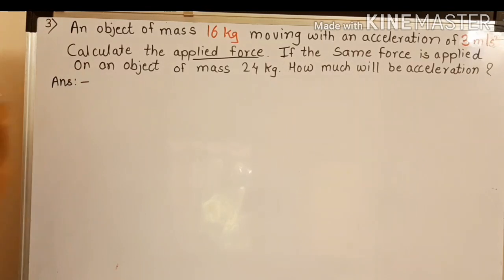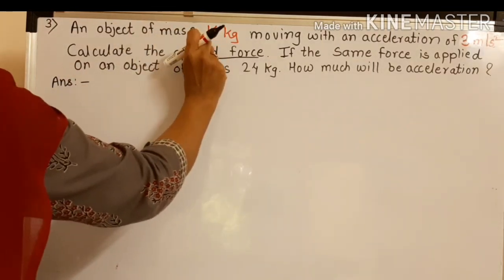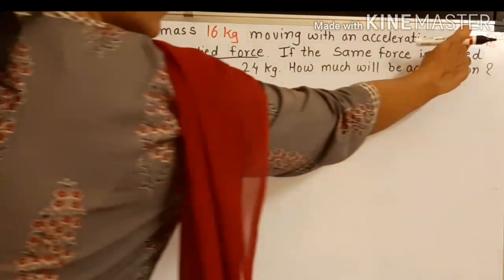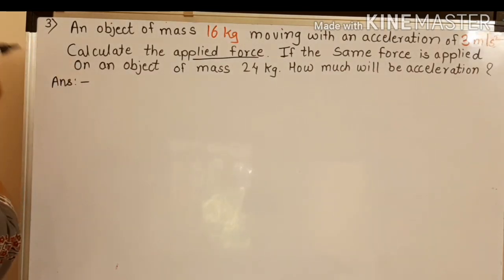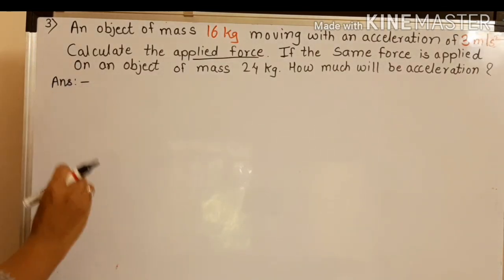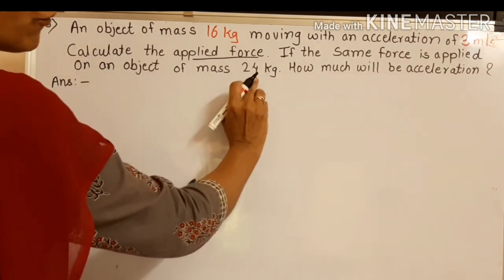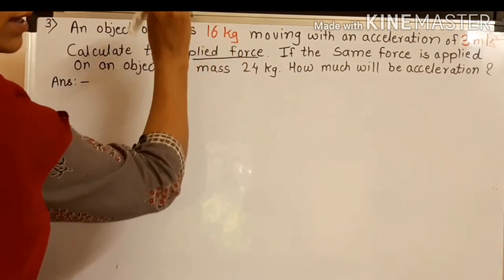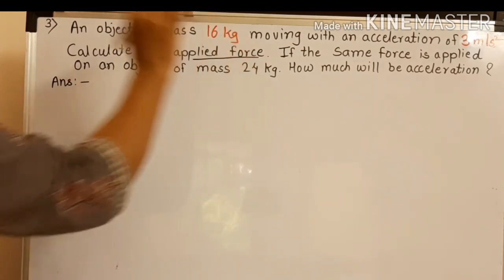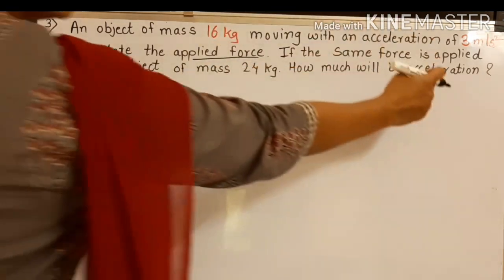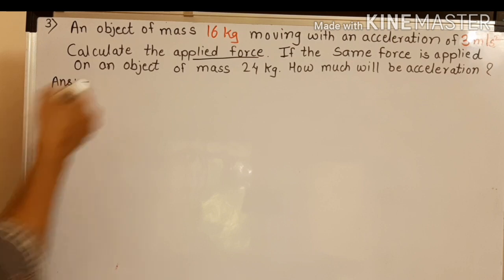First we calculate the force for the object having mass 16 kg and acceleration 3 meters per second square, and then the same force is applied on the second object having mass 24 kg, and we have to calculate its acceleration.